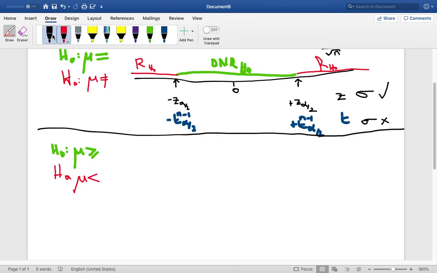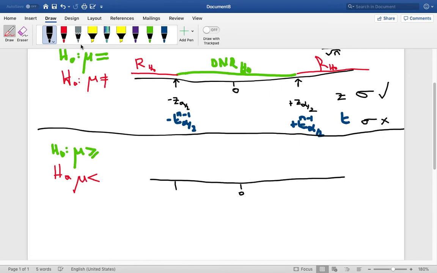And let's draw the region we're going to test. Now this will lead to a one-tailed test, as all these tests have 0 in the middle. Look at the arrow over here, it's pointing to the left, so the rejection region is going to be to the left.